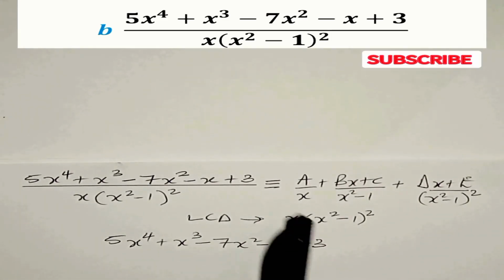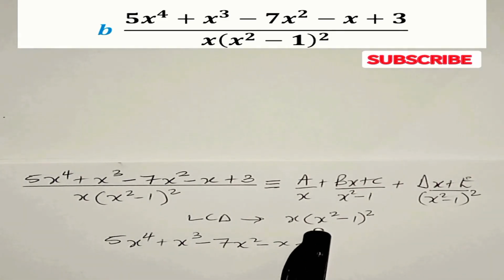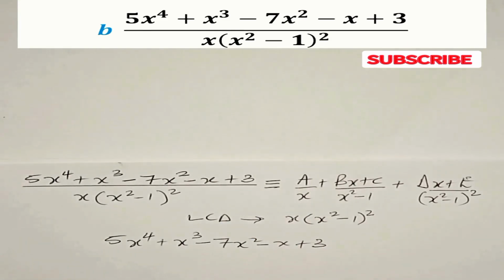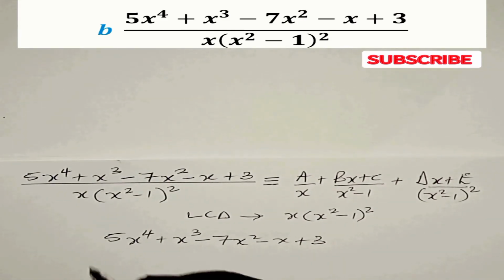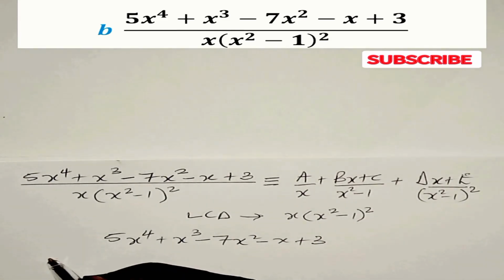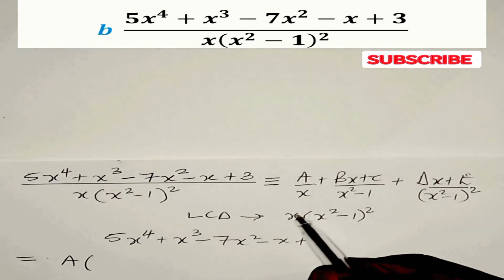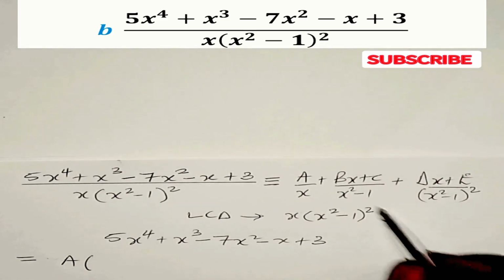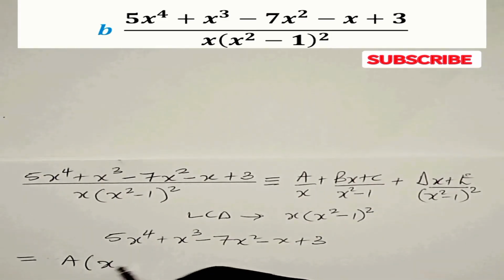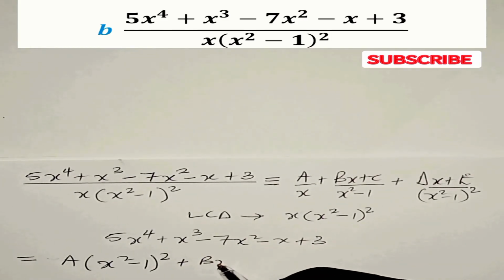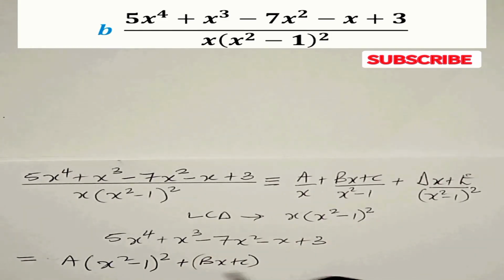All right. And on the right-hand side, we multiply again by the lowest common denominator. We multiply this first term, we shall have a. So this is equal to a, so x cancels with that, and we have x squared minus 1 squared plus bx plus c.